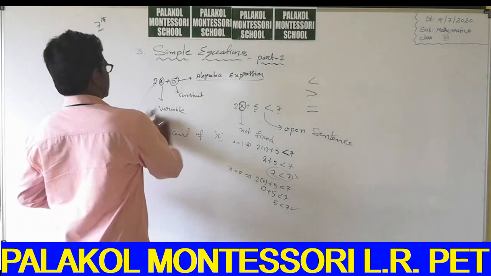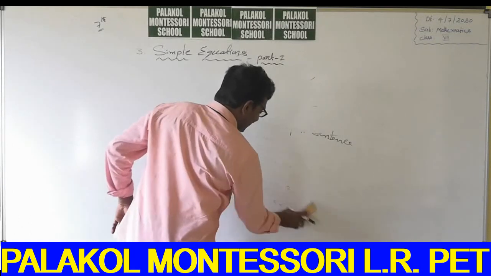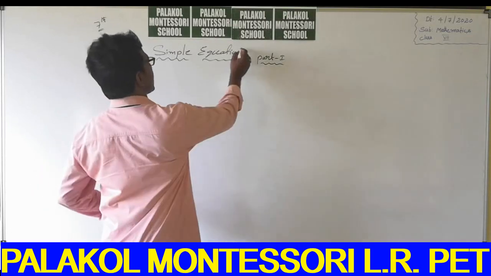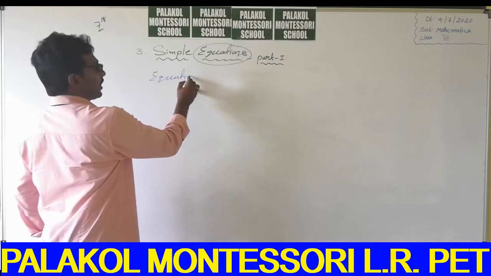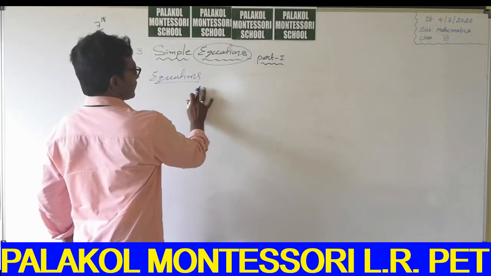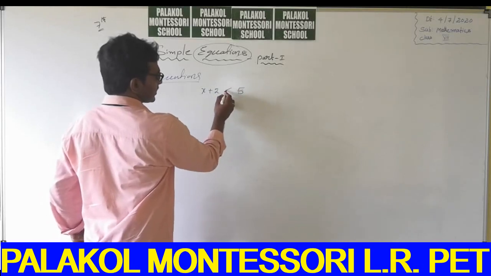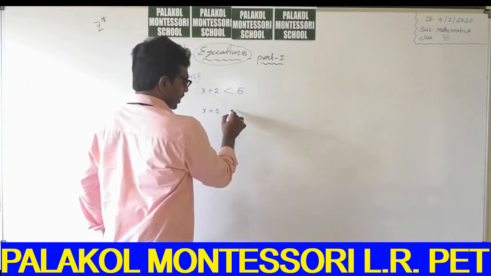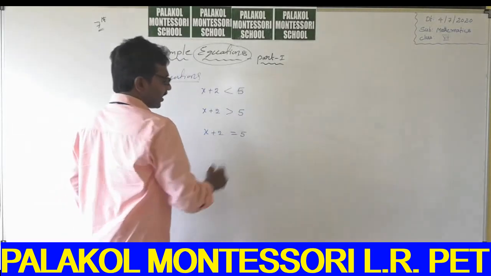Now come to the point. What is the title heading? Simple Equations. First we discuss what an equation is. Guys, take open sentences: x plus 2 is less than 5, x plus 2 is greater than 5, x plus 2 is equal to 5.